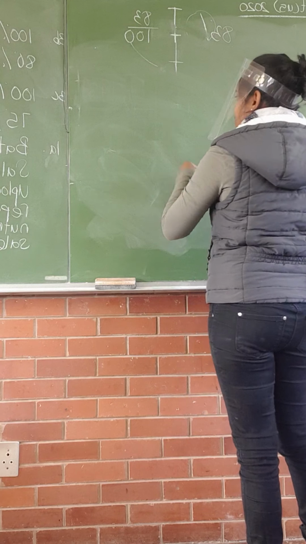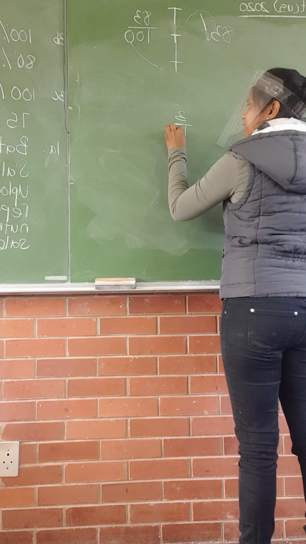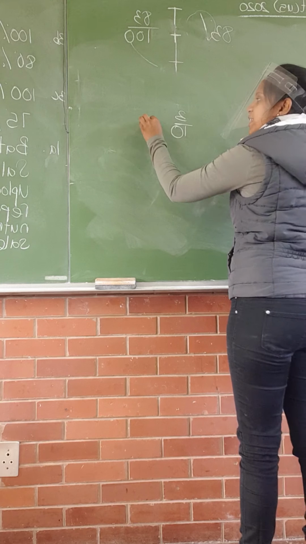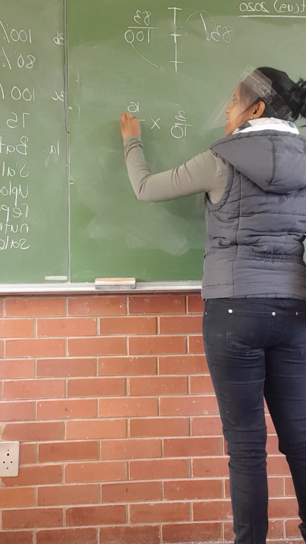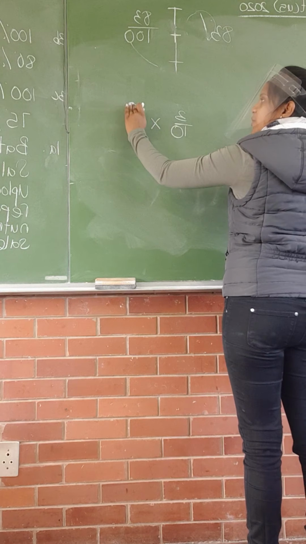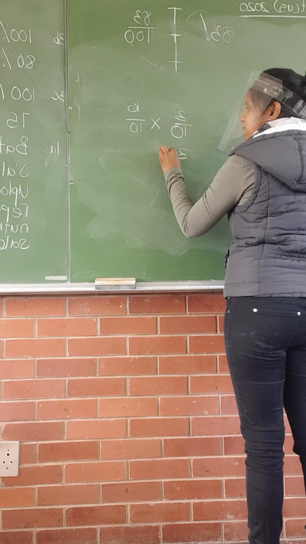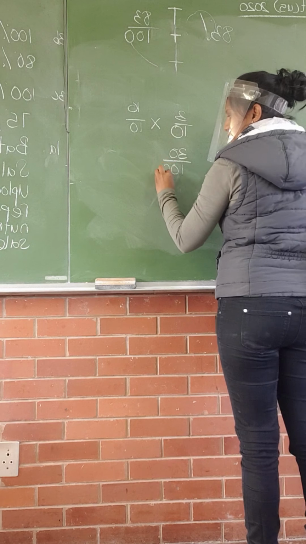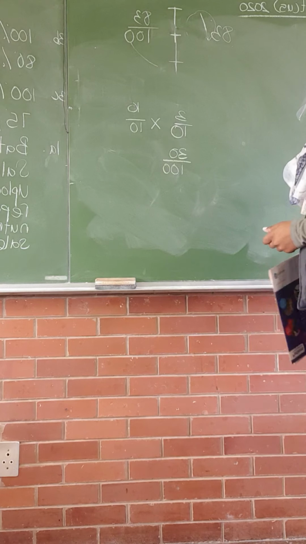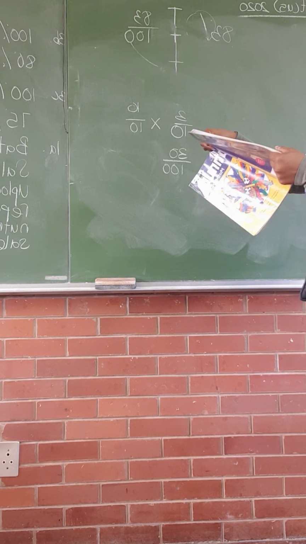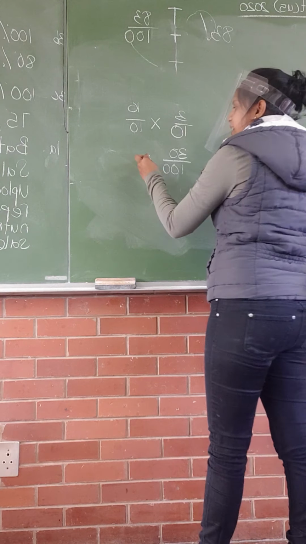If it is 3 over 10, you're going to show me that you multiplied by 10 over 10. Then you're going to show me on the next line that you got 30 over 100.